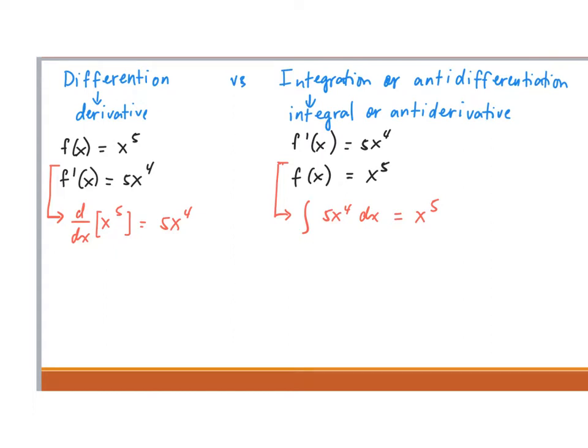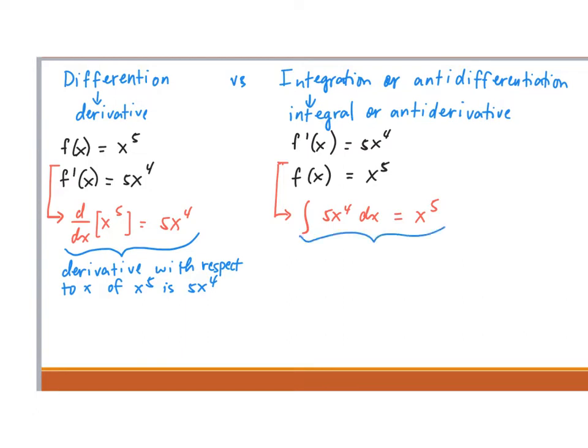And here it's also read as with respect to x because the variable of integration is x. So again, this notation here is read as the derivative with respect to x of x to the power of 5 is equal to 5x to the fourth. Well, here we say that the integral with respect to x of 5x to the fourth is equal to x to the power of 5.